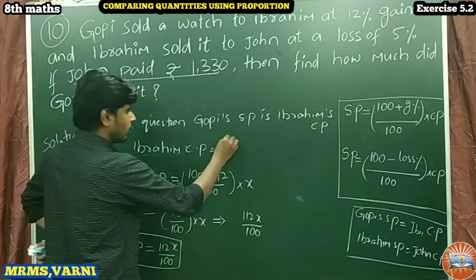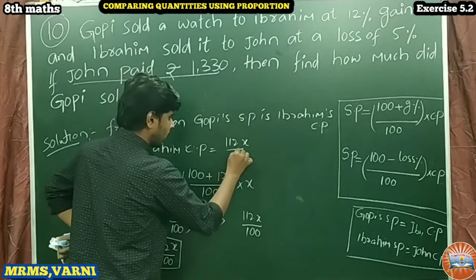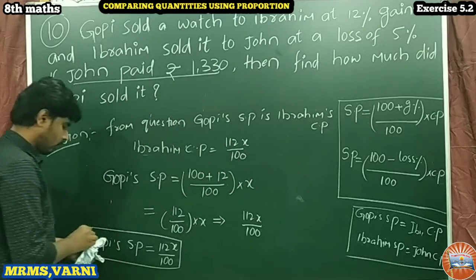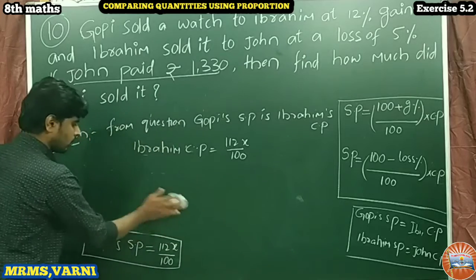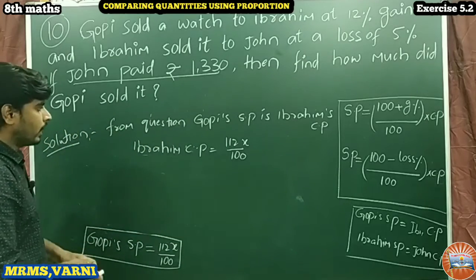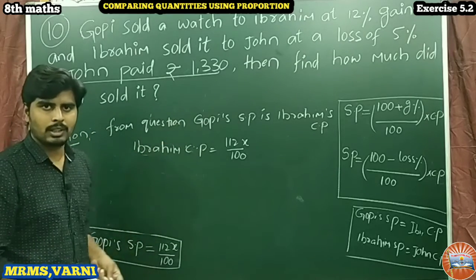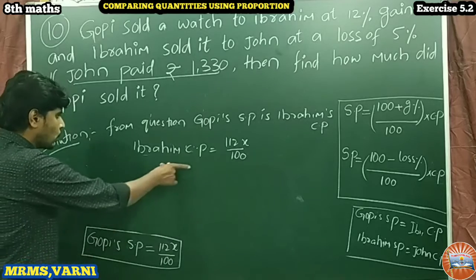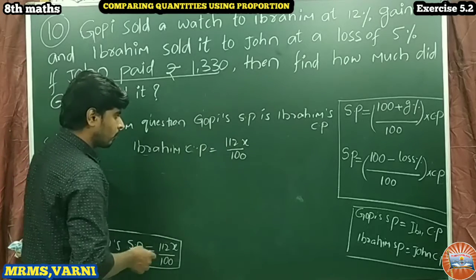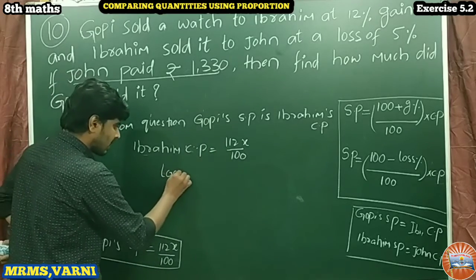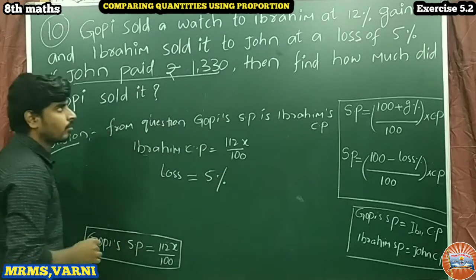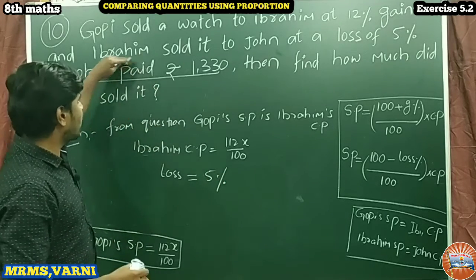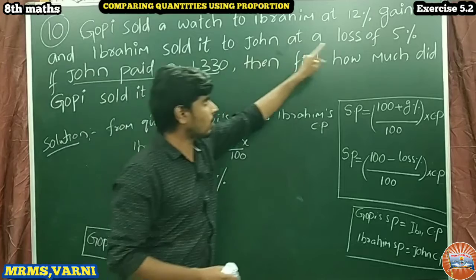That is 112x by 100. Is it clear? Right. Now we have to find Ibrahim's SP. So Ibrahim's cost price is 112x by 100. He got a loss of 5%. Isn't it? Given here, Ibrahim sold it to John at a loss of 5%.